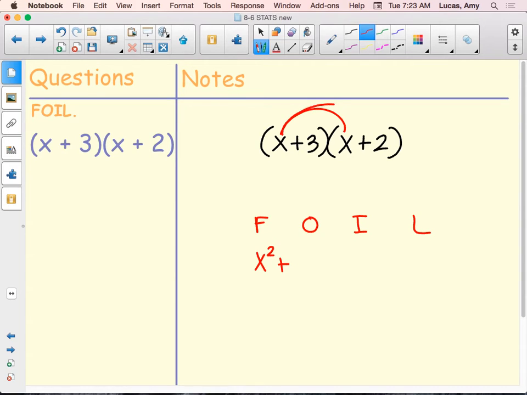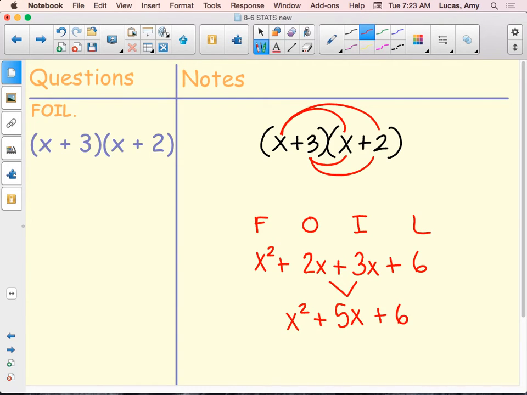Then the outside product, x times 2, is 2x. The inside product, 3 times x, is 3x. And last, 3 times 2 is 6. Then we can combine the like terms to get our answer, x squared plus 5x plus 6.